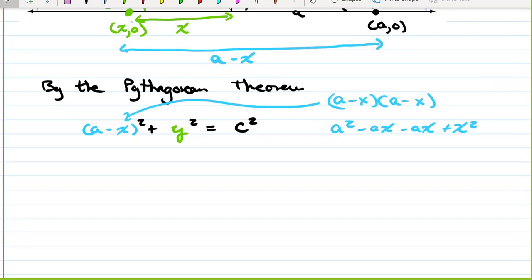Putting all of that together, we get a squared minus 2ax plus x squared plus y squared is equal to c squared.